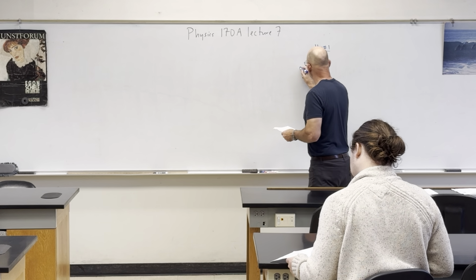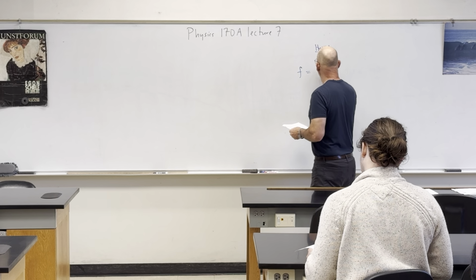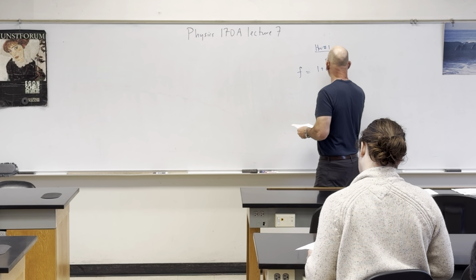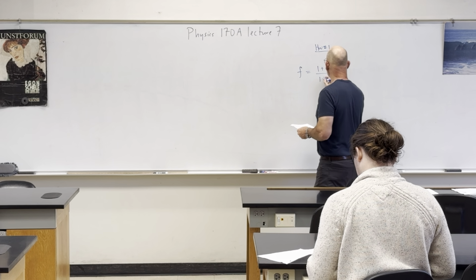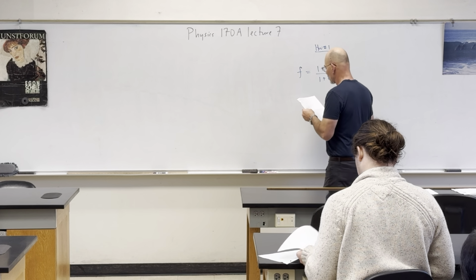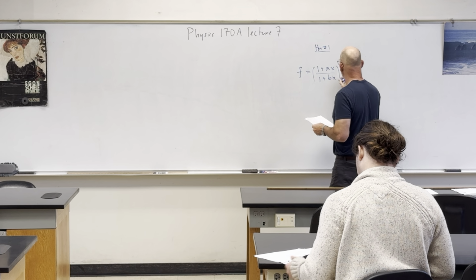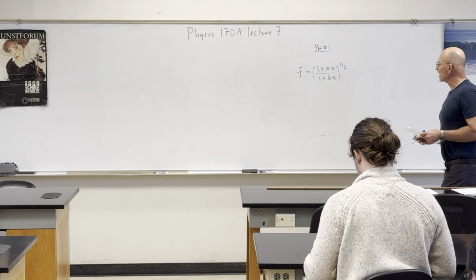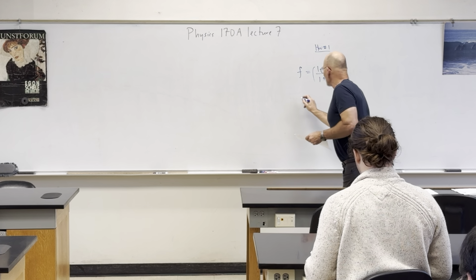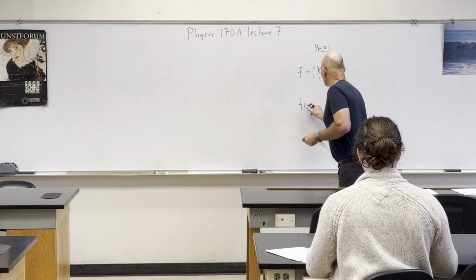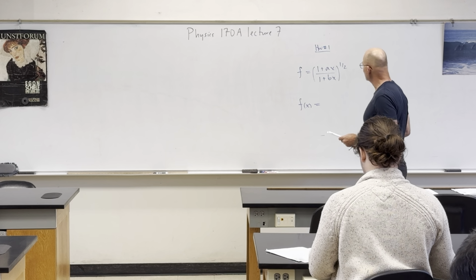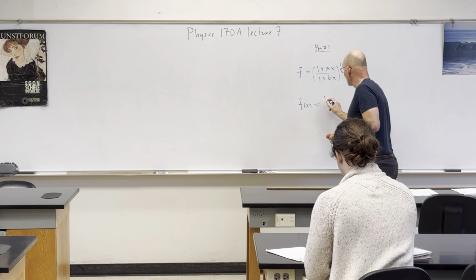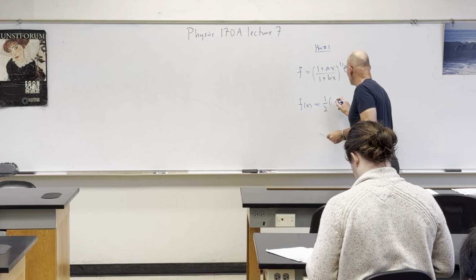We had f of x equals (1 plus ax) over (1 plus bx) to the 1/2 power. And we wanted a linear approximation to that, and we get f of x equals, what do we have?